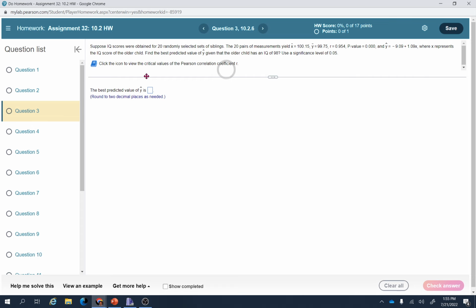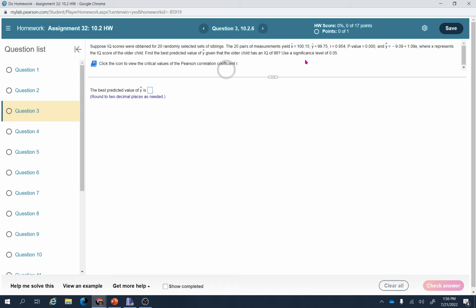Here X represents the IQ score of the older child, and Y cap represents the IQ score of the younger child. So find the best predicted value of Y cap given that the older child has an IQ of 98. If X is 98, what is the value of Y cap?